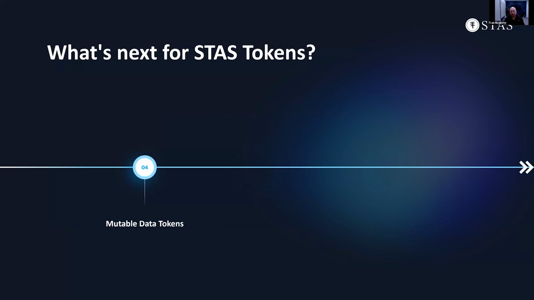So mutable data tokens would allow you to add and remove data from tokens, which I think gives that extra layer of flexibility for certain use cases. The whole idea is to build templates that will be used. We get a lot of questions about templates, specifically the royalty ones and also the mutable data.